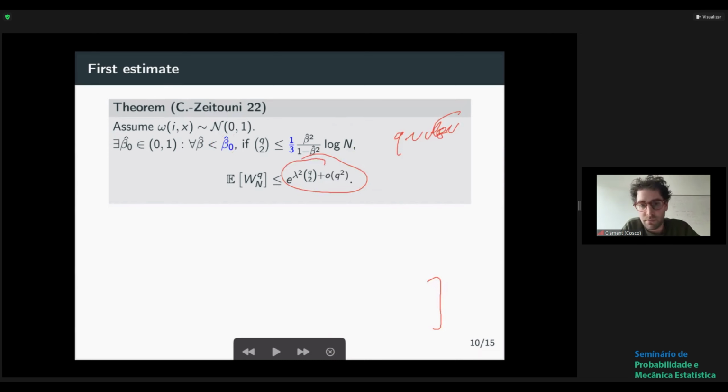This is the energy you want, and if log of Wn was Gaussian, you would get the exponential of a moment of an exponential of a Gaussian, and then you would get something like this.